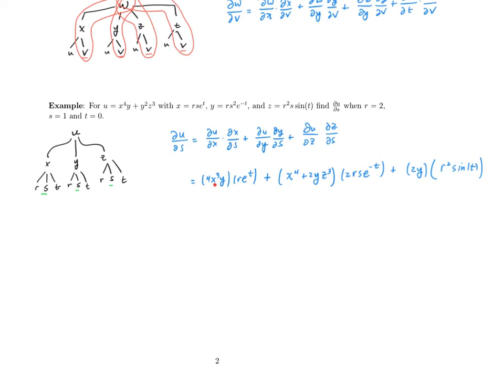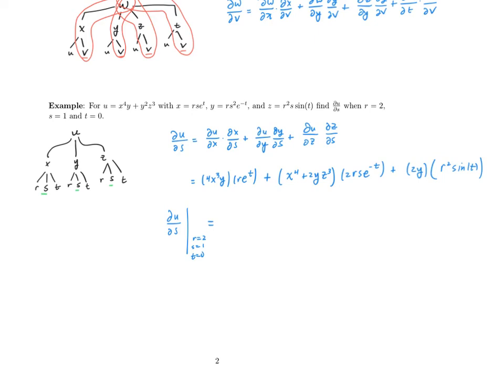And this completes the differentiation portion of the problem. And now we do need to, in a sense, somehow substitute what is x, what is y, what is z, to get this all in terms of r's, s's, and t's. But note, since we're evaluating this at specific values, r equals 2, s equals 1, t equals 0, we don't necessarily need a formula involving all r's, s's, and t's.